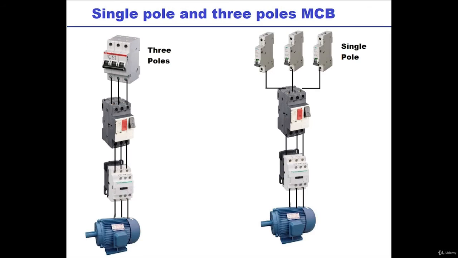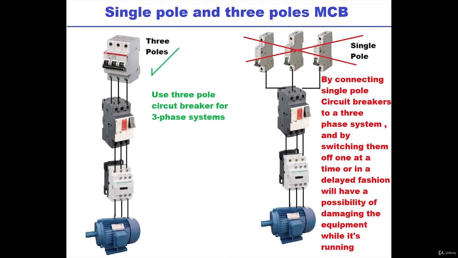Now we should never connect three single poles together in order to protect a three-phase system. That's because the single pole, if any problem happened at only one of the phases and that single pole tripped, the device will be connected to only two phases, and this will cause problems in some equipment.